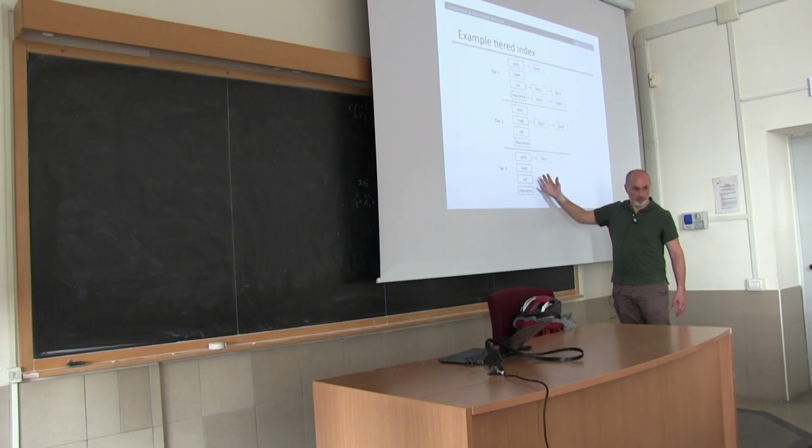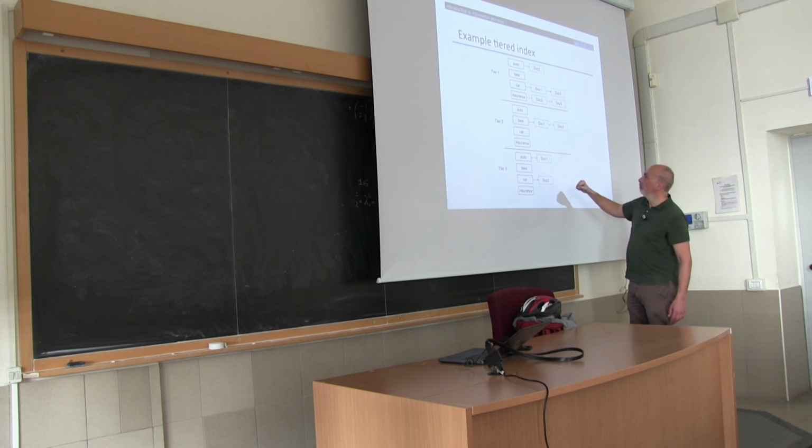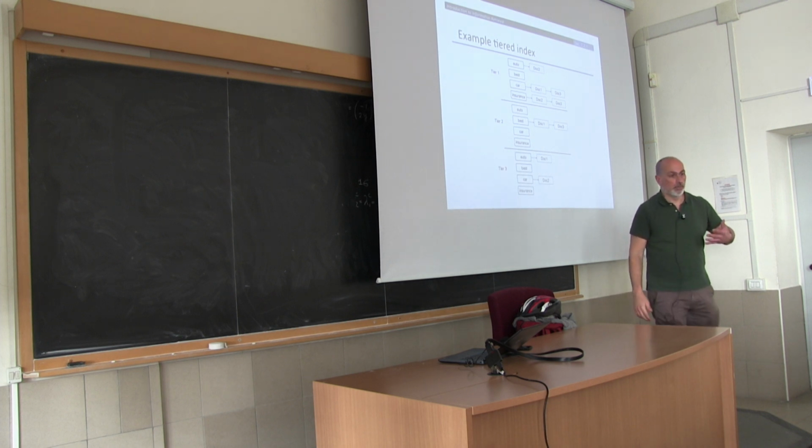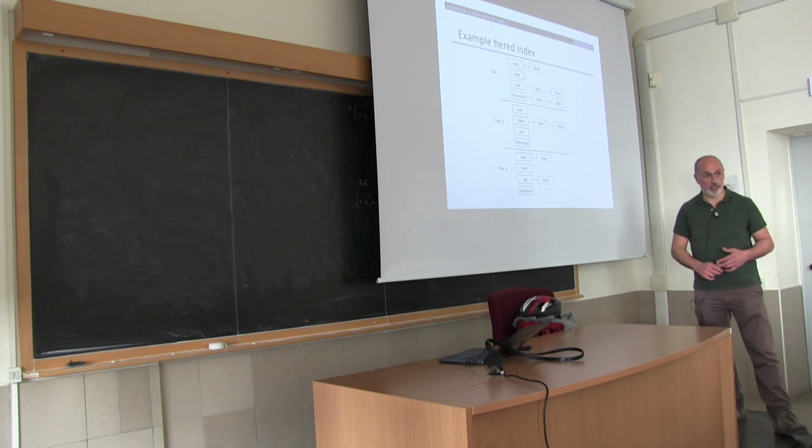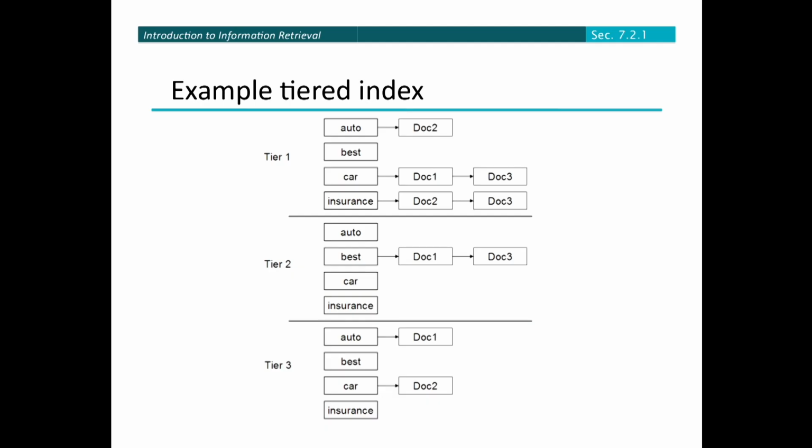So for example, there will be some documents that will have higher weight with respect to some term, for example, insurance, and then they will appear in tier 1. And in tier 2, there will be another subset of documents associated to the same term with smaller weights and so on. So you normally start with the first tier, try to acquire enough documents to answer the query, and if you haven't, you jump to the second tier and so on. Okay?